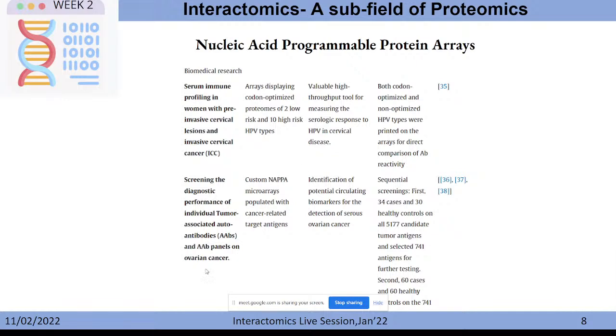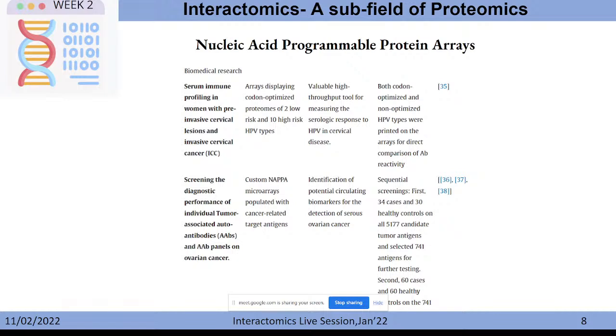Then here is the screening of the diagnostic performance of individual tumor associated autoantibodies and antibody panel for ovarian cancer. So this is another thing. There are viral mediated cancers like cervical cancer, HPV mediated cancers, where you can get to know the immune profiling against those particular viruses, or for any infectious disease you can know the response of an individual to a particular virus or bacterial load against their proteomes.